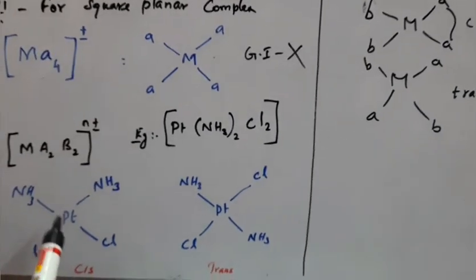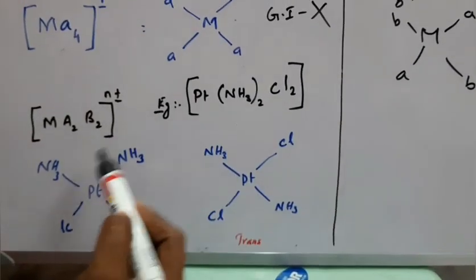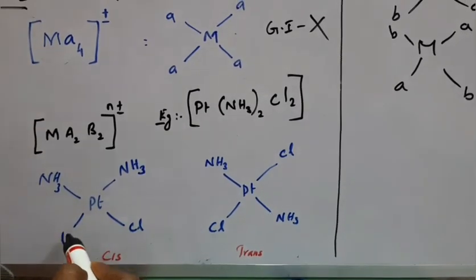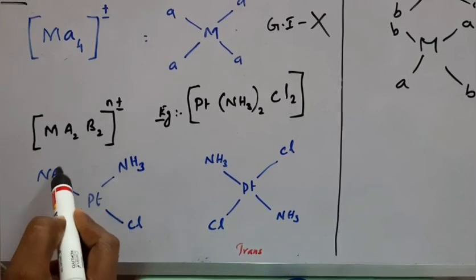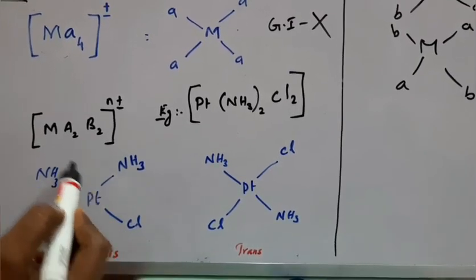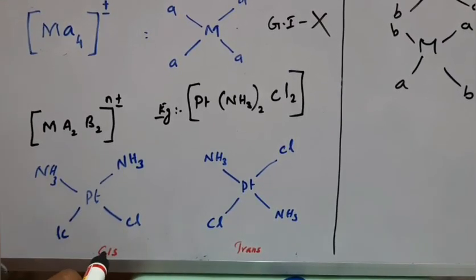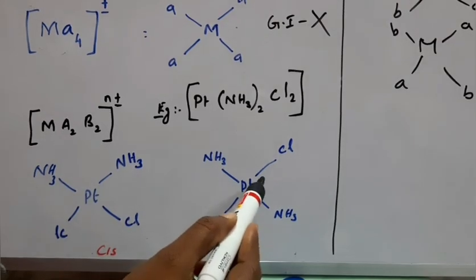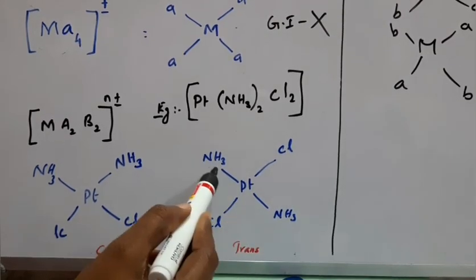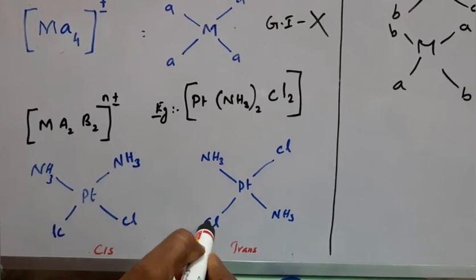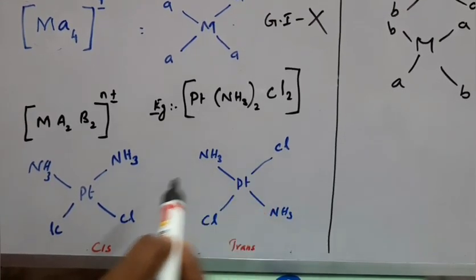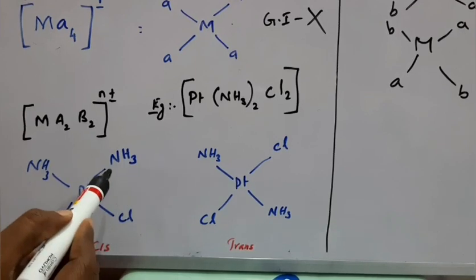Here you see platinum with the diammine and the two chlorides. Here the ammine groups are present in adjacent positions, on the same side, that is the cis isomer. Here the ammine groups are opposite to each other: this ammine is across from this ammine, this chloride across from this chloride, because some rotation takes place.